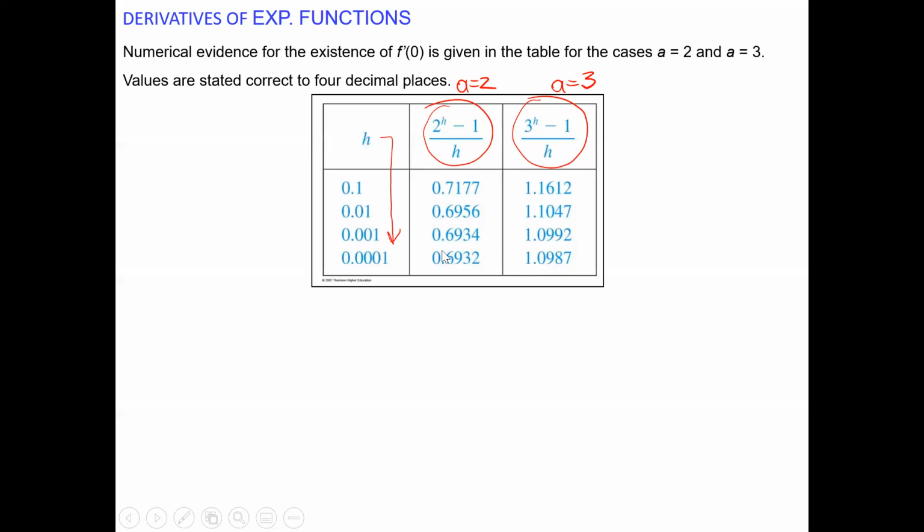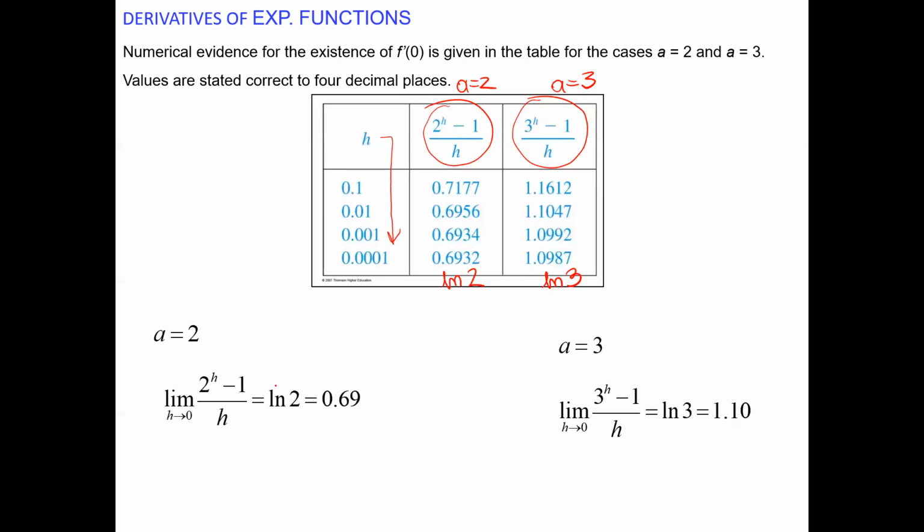We may say that these are random numbers, but when we look closer, these numbers are actually getting closer and closer to natural log of 2 and natural log of 3.